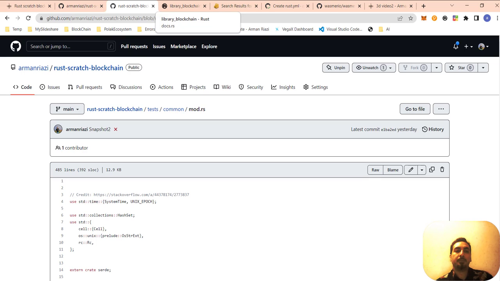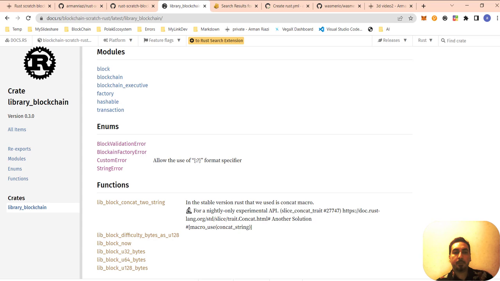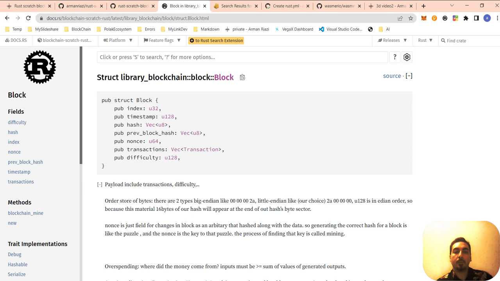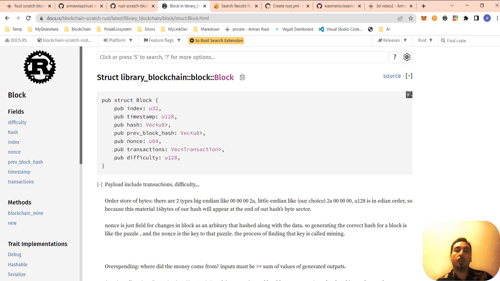library crates, as you can see, we publish our crates, and if you, for example, open a block page, you can see details of the implementation of a block, transaction or blockchain struct.